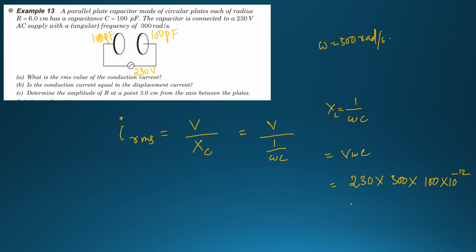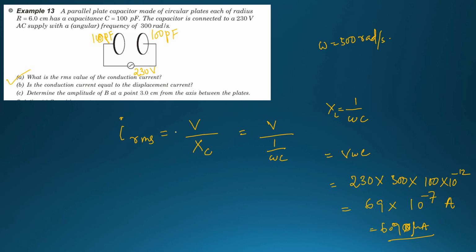If you calculate it, that will be 69 into 10 to the power minus 7 ampere. So if I write it, 6.9 into 10 to the minus 6 ampere, that is 6.9 microampere. This is I RMS.